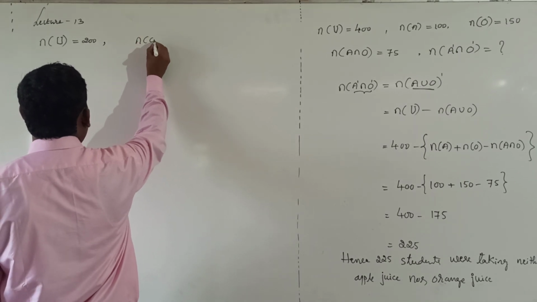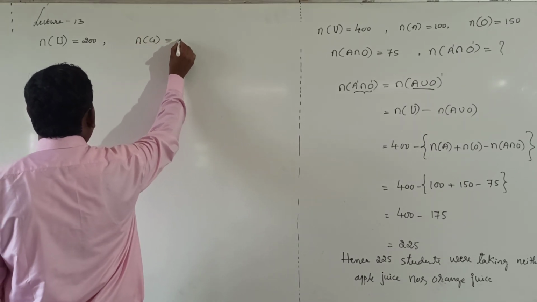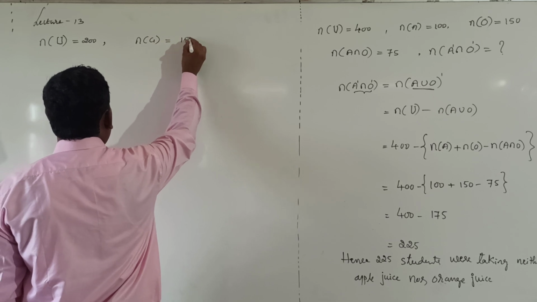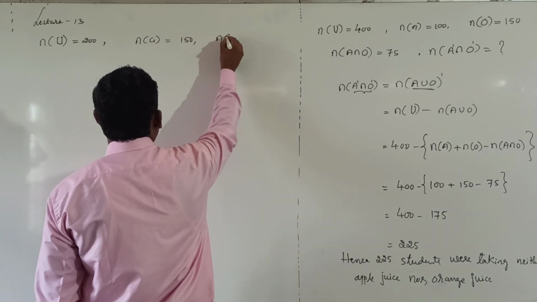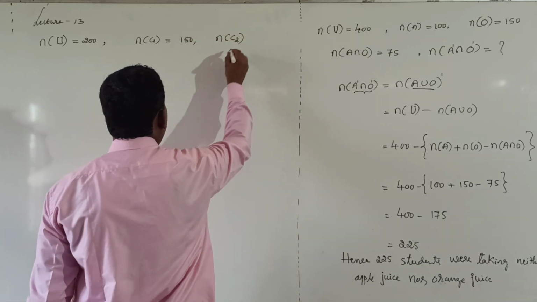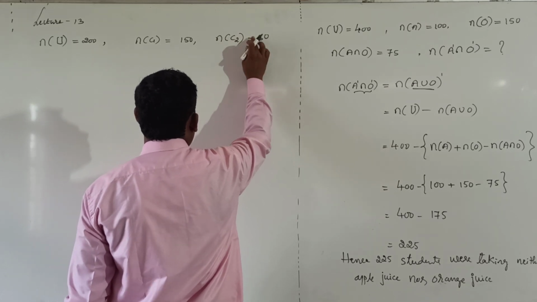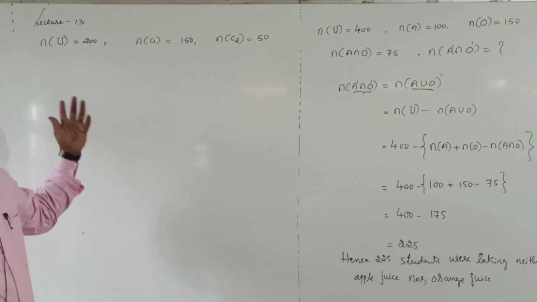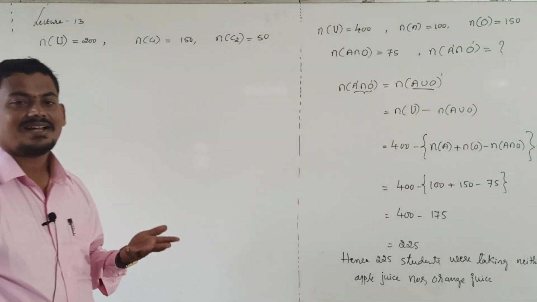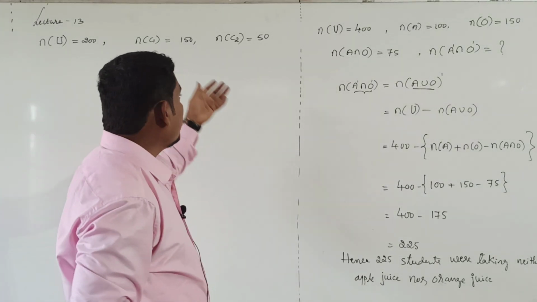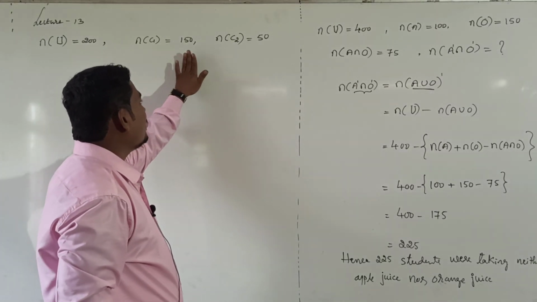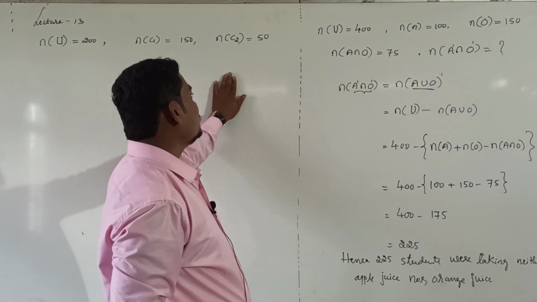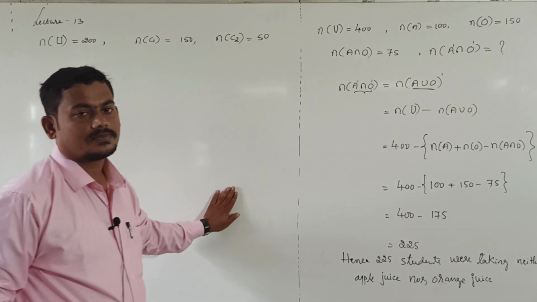I will take n of C1 is equal to 150, and n of C2, because of chemical 2, is 50.